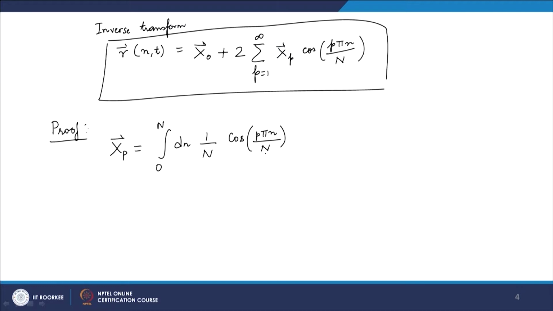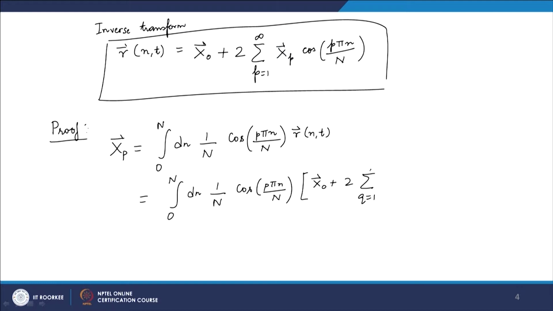So, if I plug in the value of r from there, we get... I am changing the index here to q because it is anyway a dummy index, and we have a p there.